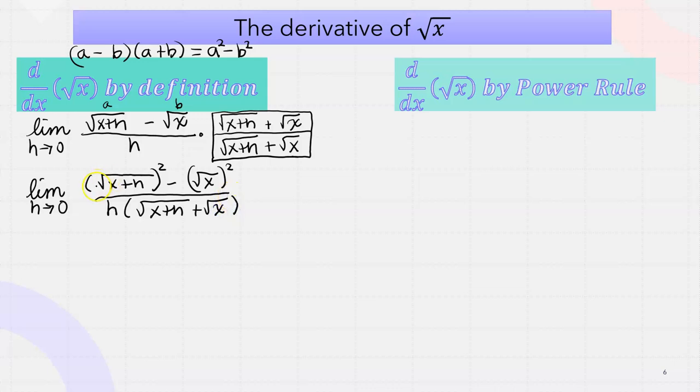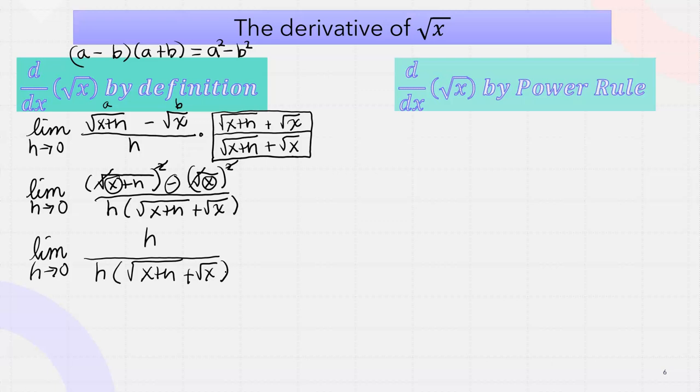So now you will have just x plus h minus x, and x plus h minus x is going to be 0, so you have h on the numerator over h on the denominator times square root of x plus h plus square root of x. And you can see h divided by h is 1.